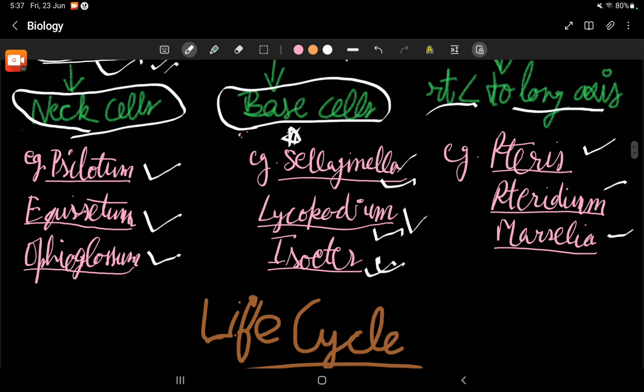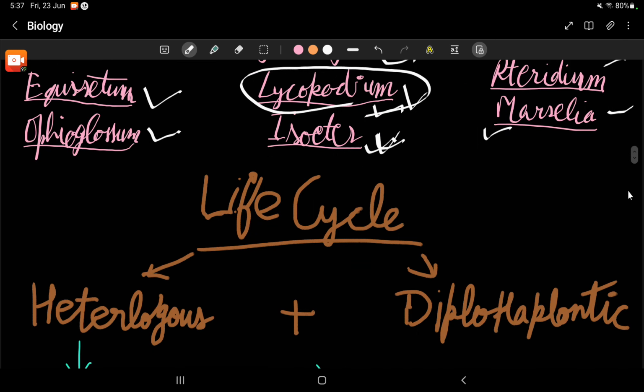These two examples are the same, but Lycopodium is replaced by Marsilea in case of spores and gametophytes.